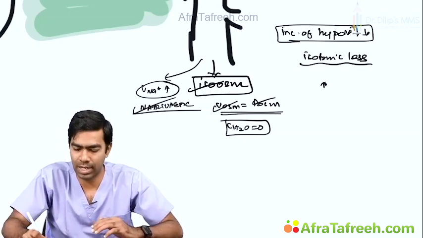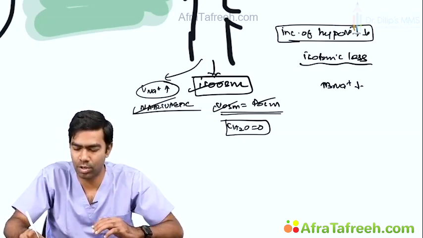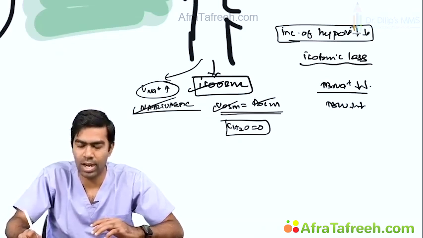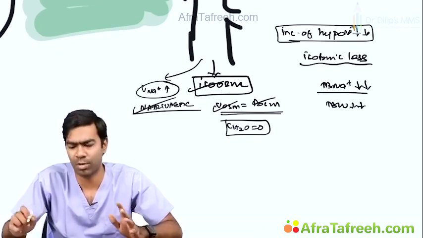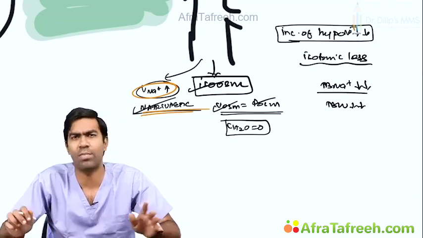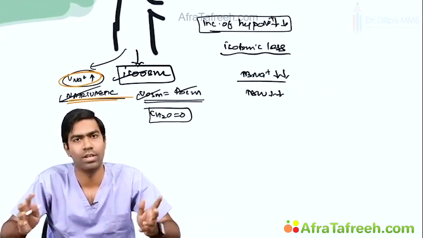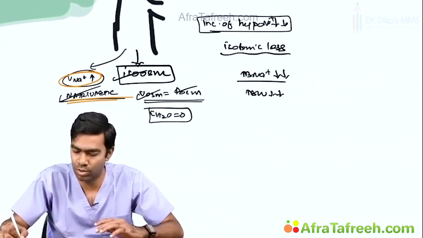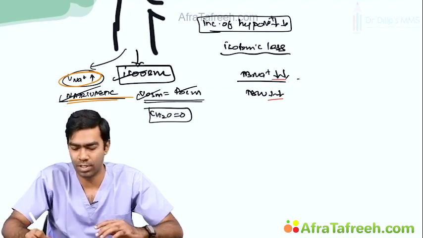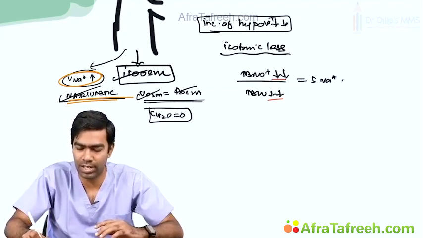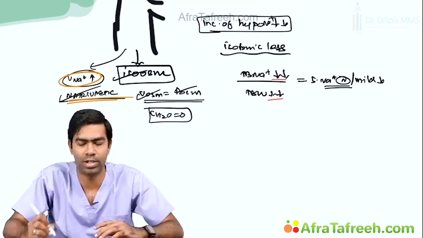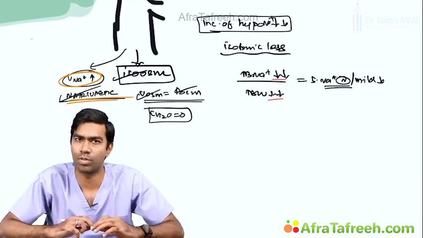I can write that with this isotonic loss, total body sodium will be reduced and total body water will also be reduced, and they are excellent natriuretic agents. Among all the diuretics, they are the powerful natriuretic agents. They are very powerful diuretics, but they do not cause hyponatremia because you lose contents in an isoosmolar way. So the serum sodium tends to be relatively stable, or probably only a mild decrease will be there, but usually it will be relatively stable most of the time.